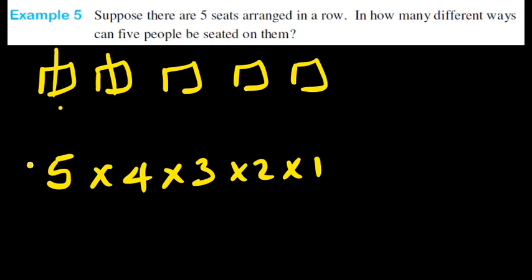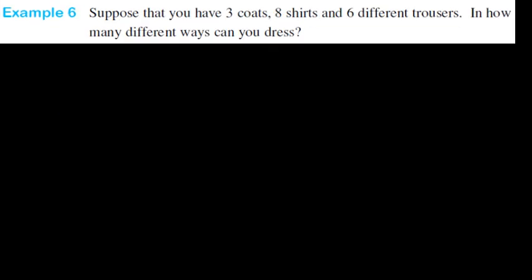The number of chairs is reducing, and the number of people likewise. So the number of ways of arrangement will be 5 times 4 times 3 times 2 times 1, which is going to be 120. 5 times 4 is 20, times 3 is 60, multiplied by 2 is 120. So we can let them sit in 120 different ways. This is a way of arrangement. Later on we'll come back to permutation, and it's going to be easier.